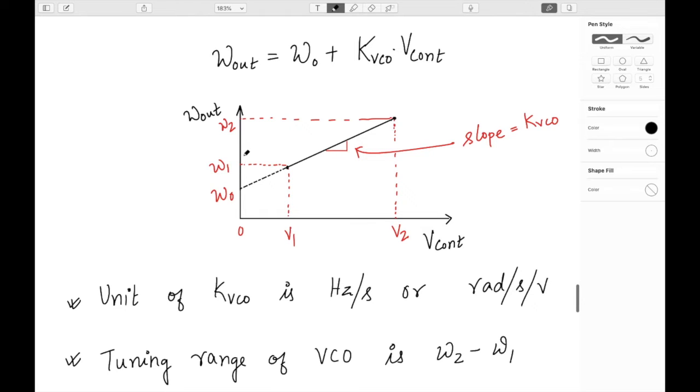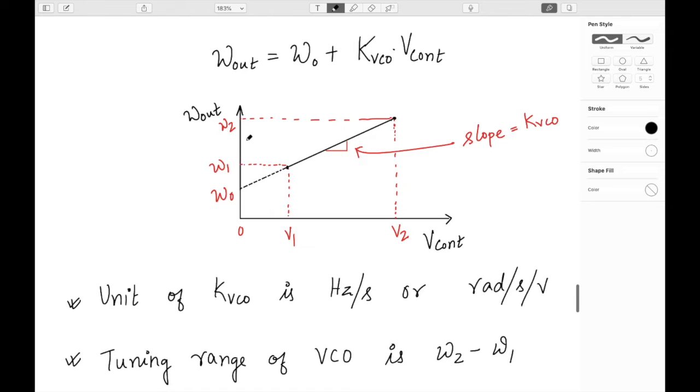And of course my output frequency, which is N times f in, should be in this tuning range. It cannot be outside, right? So we have to make sure that N times f in should come here, and preferably in the mid region. So N times f in or N times omega in. It can either be in hertz, which we denote by f, or in omega, which will be in radians per second.